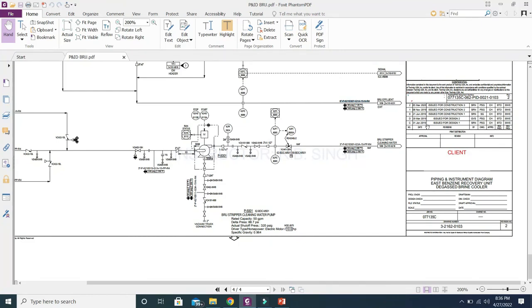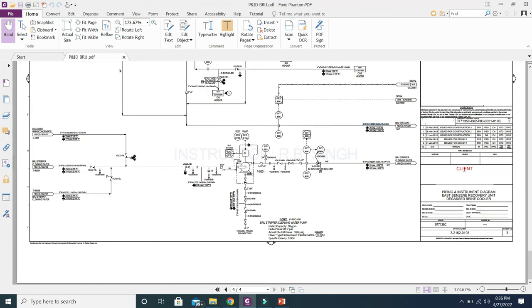This is the revision block, showing how many revisions happened for this P&ID. As I told you, the P&ID is updated from time to time based on requirements. So all the revision details of this P&ID, from the start up to that particular time, are mentioned here. Even the contractor or consultant name and logo will be here. So this is the title block.